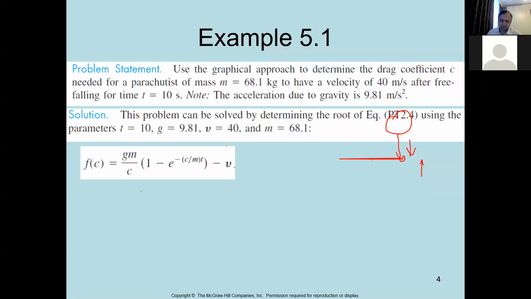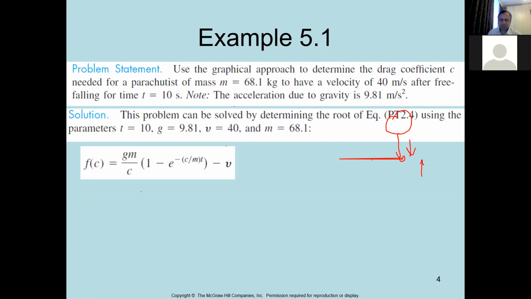So basically, you derive the equation in terms of the velocity and then rearrange the terms to write the formula in terms of C. If we want to find the value of C for which this function is equal to 0, then that will be the solution.